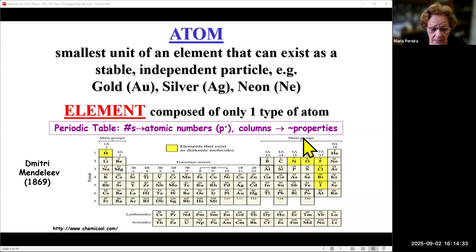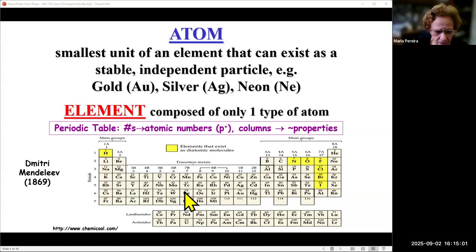The columns mean that the elements in each column have similar properties. So this seems like a very simple idea. You just arrange the elements based on the number of protons, and then in columns arrange them with similar properties. But it was quite hard to come up with this idea, if you think about it.